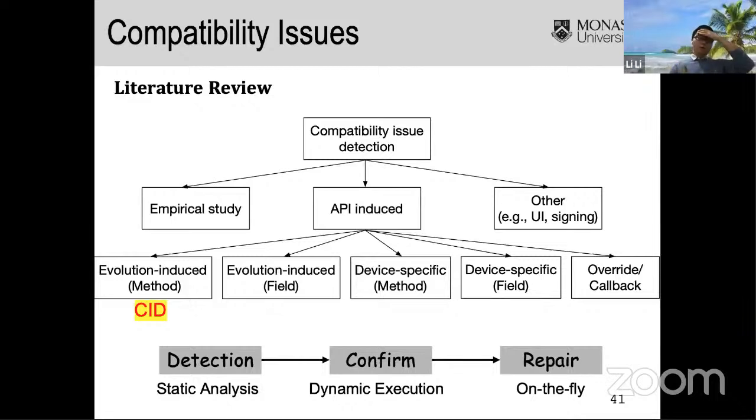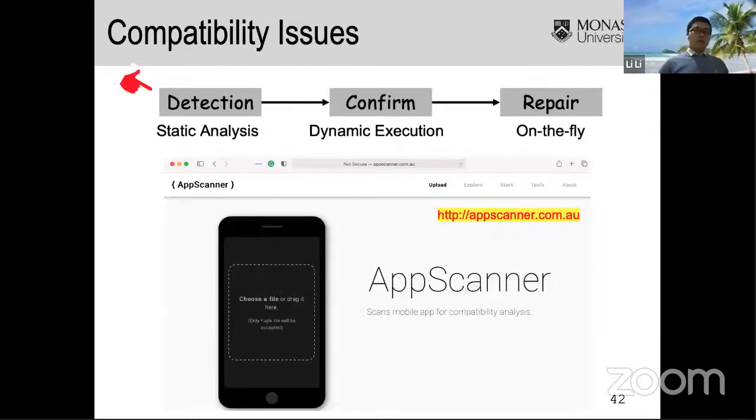We later also realized that it is not only important to statically detect those compatibility issues. It would also be great to dynamically confirm those issues through dynamic analysis, and eventually to automatically repair those issues.